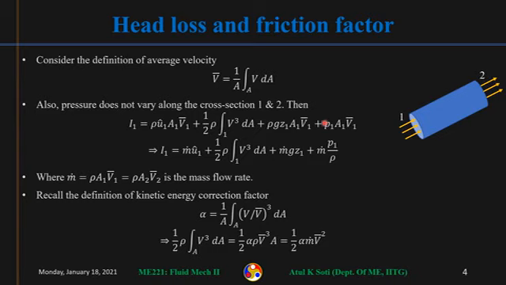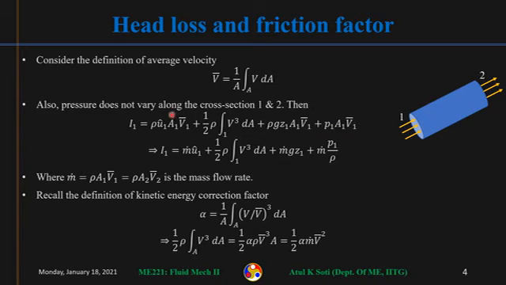So I can take out pressure. I can say pressure will be simply the pressure at the center of point 1, P1, and then inside will be the integral of VdA, which is again A1 V1 average. So that is what is left.